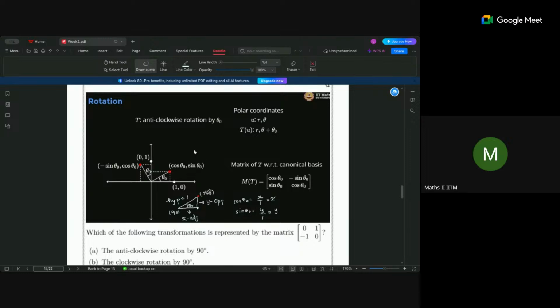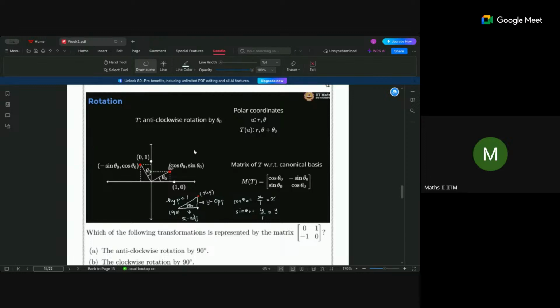So you understand how this point x, y is cos theta naught and sine theta naught? The same way you can explore that this point is minus sine theta naught, cos theta naught. Just use the similar concept here: draw the triangle and do the cos theta, sine theta work, and you will get this. This part I am leaving to you to work out. Basic trigonometry only.